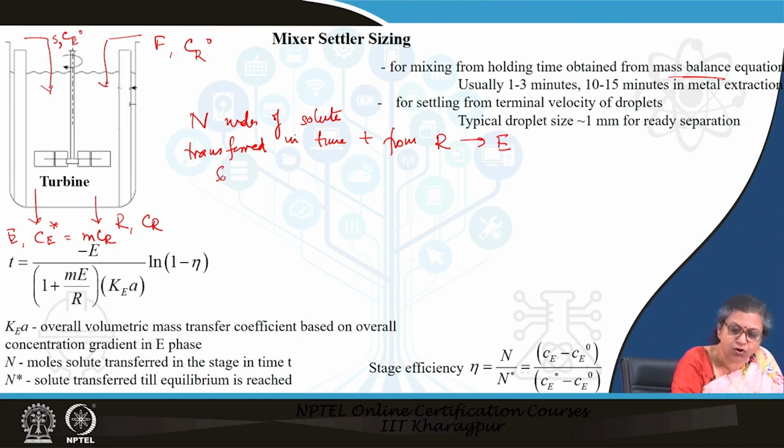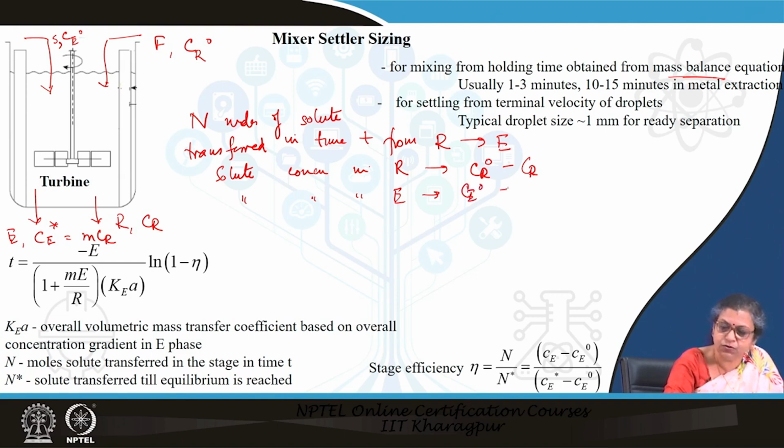The solute concentration in the raffinate changed from Cr0 to Cr, and the solute concentration in the extract changed from Ce0 to Ce star, I would like to put, because under ideal conditions this is going to be in equilibrium with this.